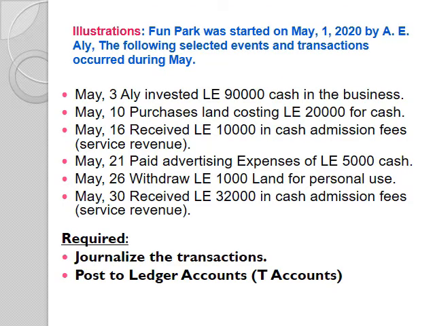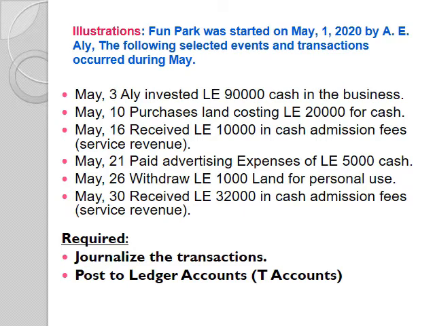We talked in the previous lecture about this example and learned recording business transactions in the journal. Funpark was started on May 1, 2020 by Ali. The following selected events and transactions occurred during May. Transaction number 1, May 3, Ali invested £90,000 cash in the business. Transaction number 2, May 10, purchases land costing £20,000 for cash.